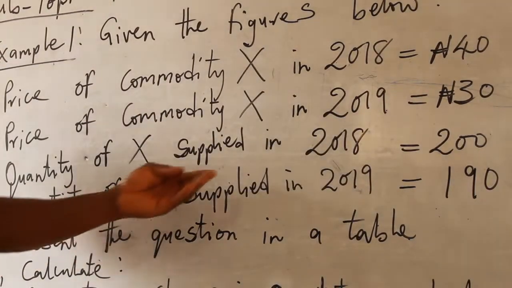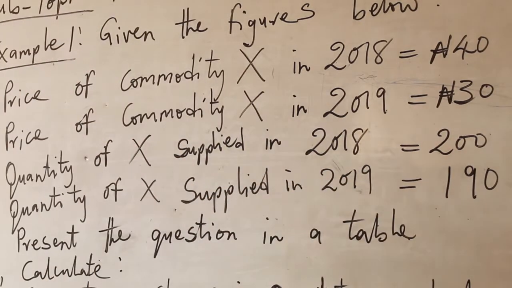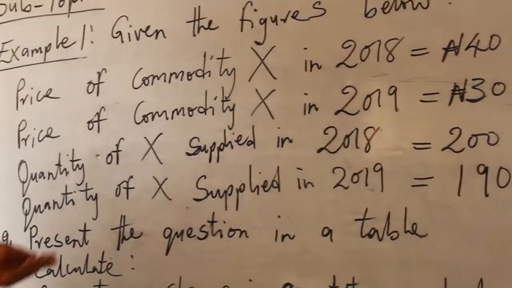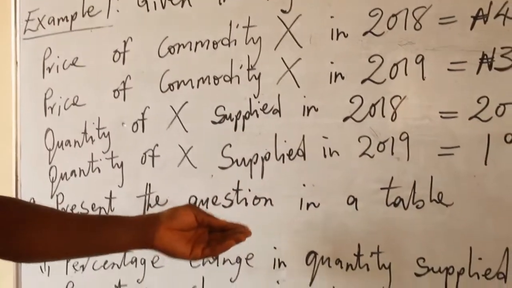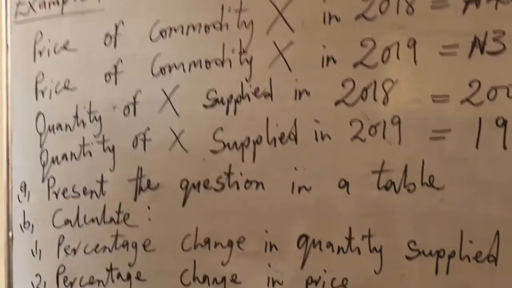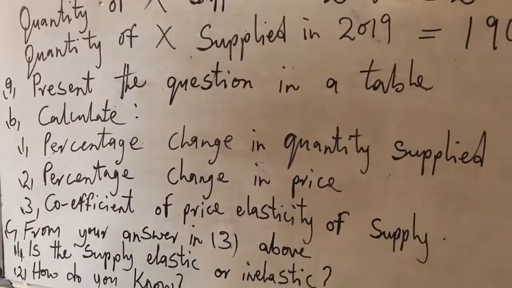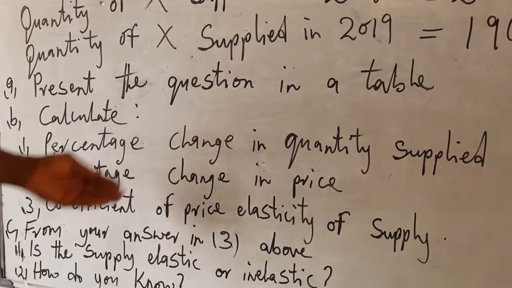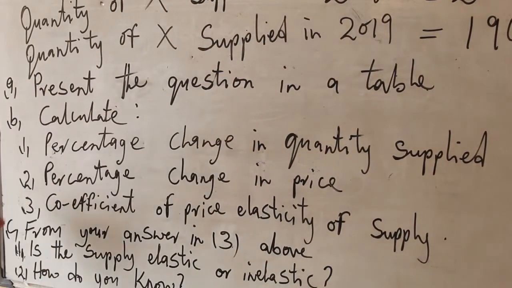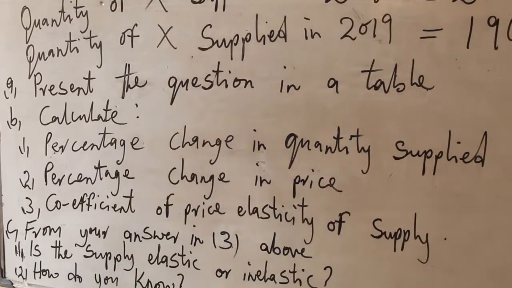Quantity of X supplied in 2019 equals 190. A. Present the question in a table. B. Calculate: 1. Percentage change in quantity supplied. 2. Percentage change in price. 3. Coefficient of price elasticity of supply.